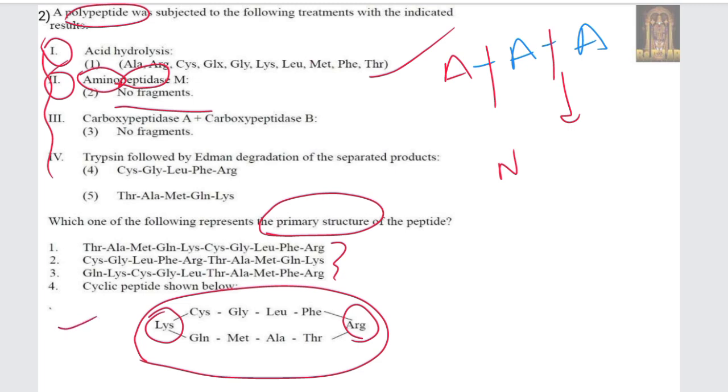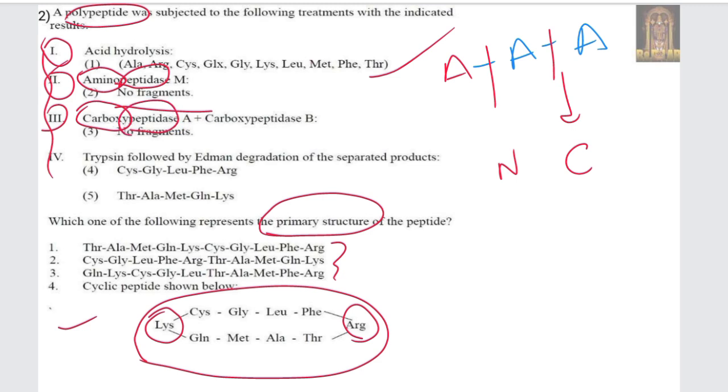So let's see the third one. Here it is stating about carboxypeptidase A and carboxypeptidase B. Carboxypeptidase needs a free C-terminal end of a polypeptide, and then only it can show peptidase activity.